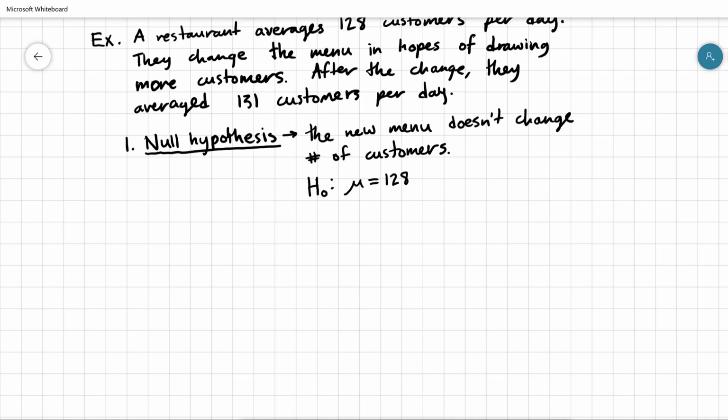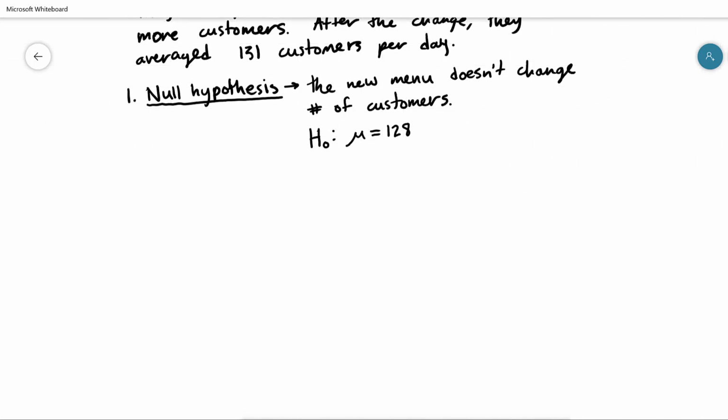The alternate hypothesis is that it did work, and we actually call it the alternate hypothesis. So our second hypothesis is called the alternate hypothesis. And this is what the evidence showed, that there was a slight increase in the number of customers.